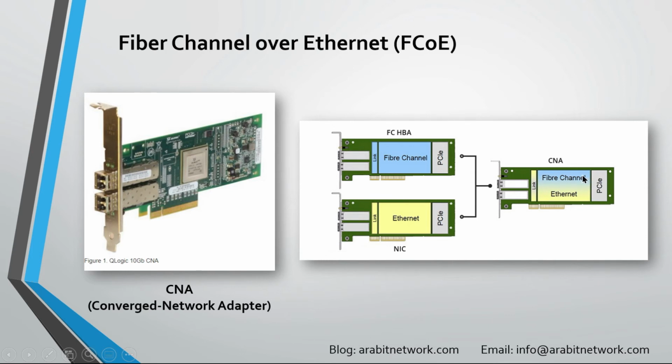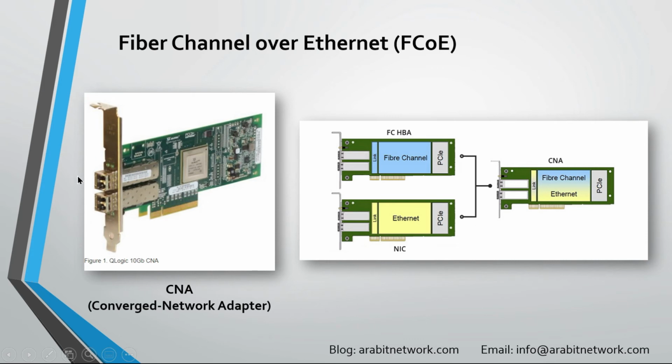So the operating system sees this card as two, and you use a single cable that you hook to one of these SFPs, and that single cable carries both traffics: the traffic of the Fiber Channel storage and also the Ethernet network traffic. And how could that be done, and how could we differentiate the incoming traffic?